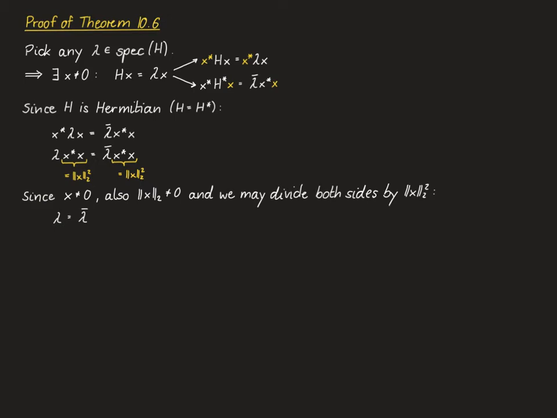Since the eigenvector x is guaranteed to be non-zero, its 2-norm cannot be 0, and therefore we may divide both sides of this equation by the 2-norm of x squared, which yields that lambda is equal to lambda bar. So the complex number is equal to its complex conjugate, which means that its imaginary part has to be 0, or in other words, lambda has to be a real number.